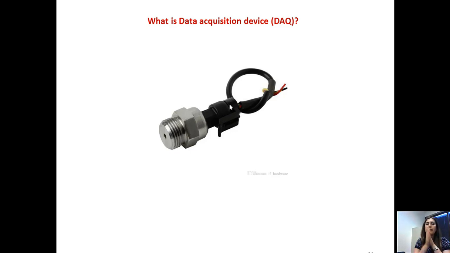So for example, if this is working based on 0 to 3 volts DC, and it's working from minus 15 to plus 15 psi, then at 0 psi, which is exactly in the middle, you will get 1.5 volts DC.